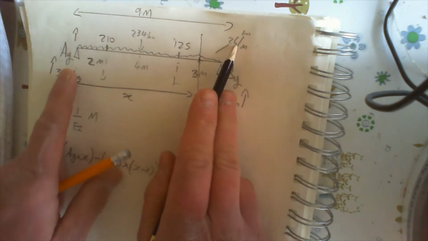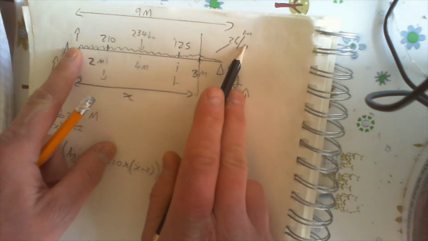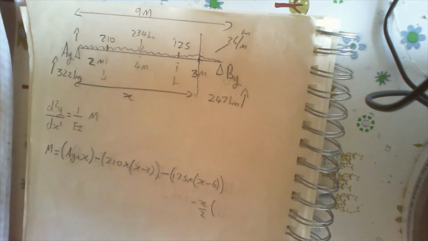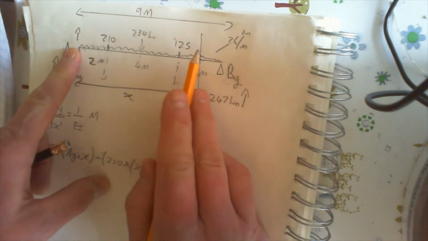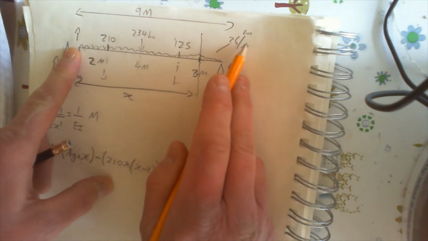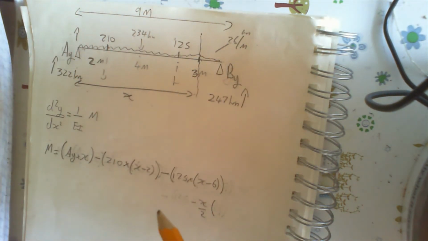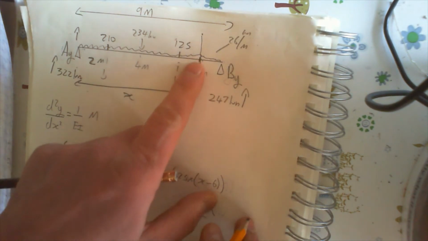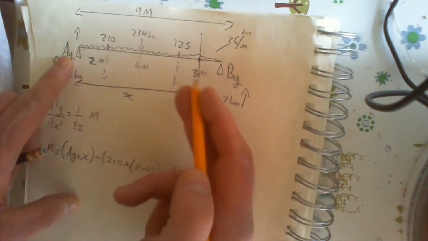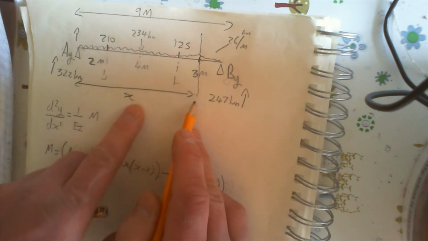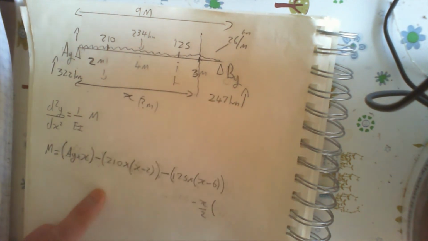Well, the thing is, this 26 kilonewtons per metre, you can actually say, well, this distance here is going to be x, and it's 26 kilonewtons per metre. So you can say then that the weight along this length is going to be 26 times x, and remember the x is so many metres. So we're doing the same thing.